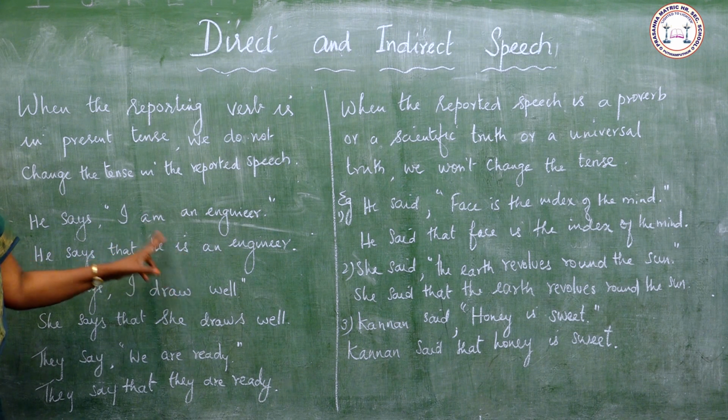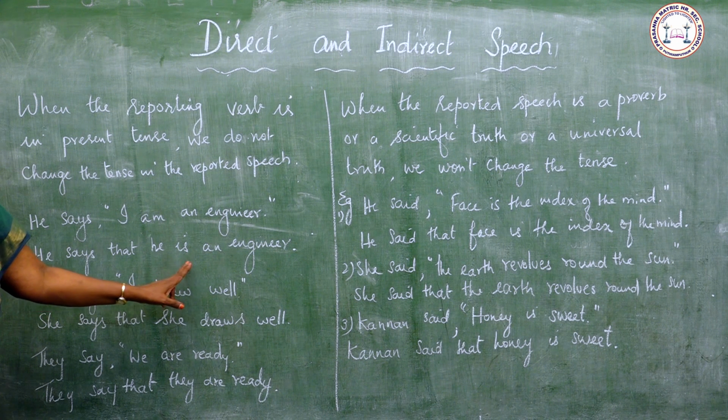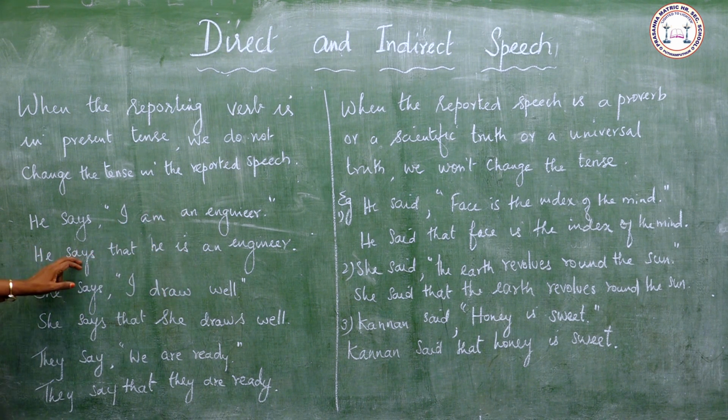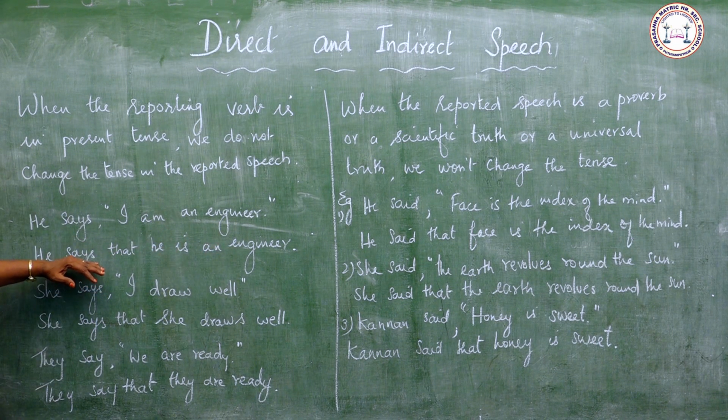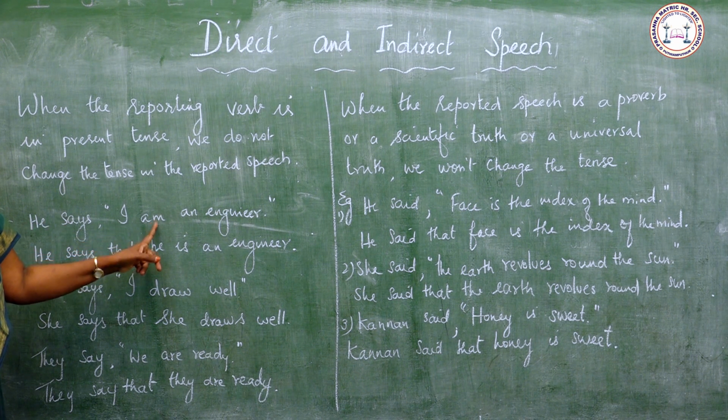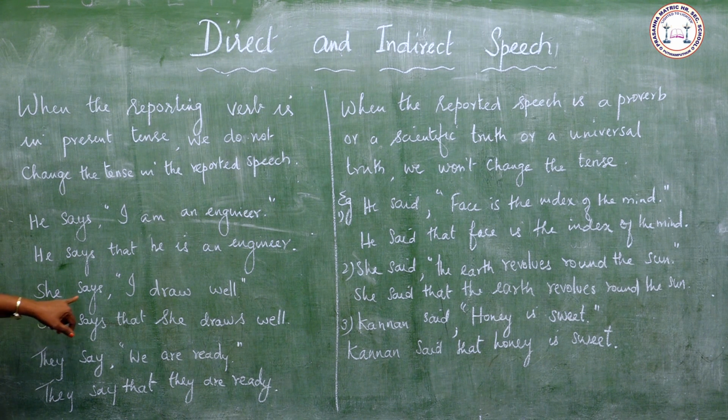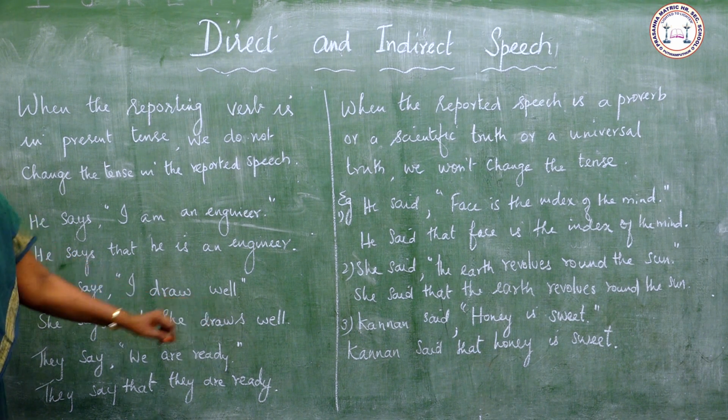So when it is I, we use am; when it is he, we use is. Both are present tense only. He says that he is an engineer. Next sentence: she says, I draw well.